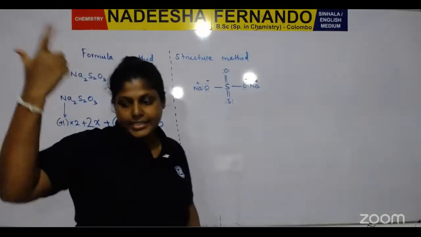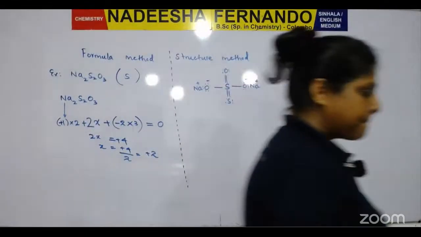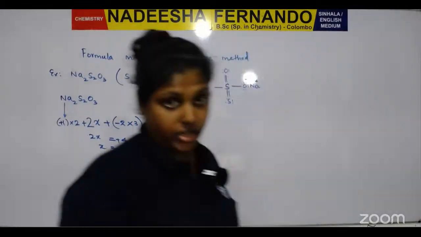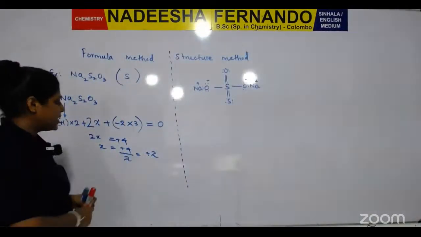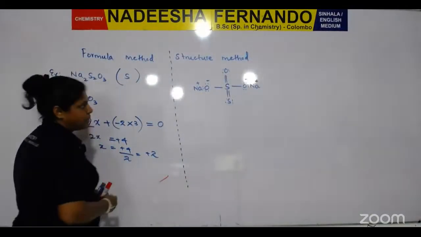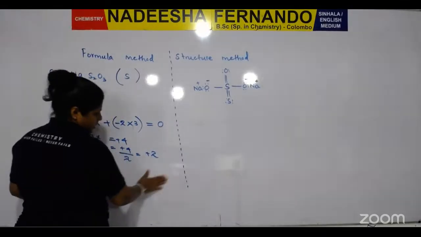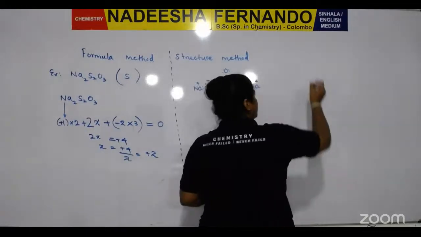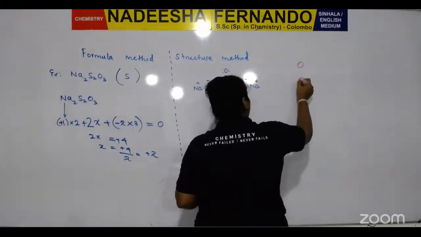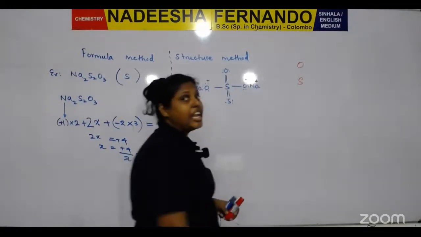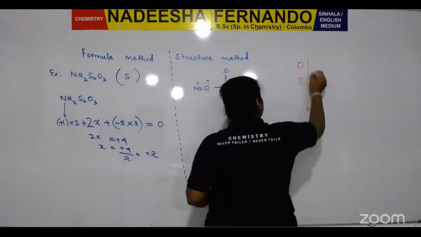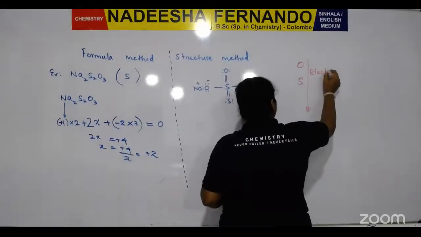So as I explained previously, for one bond, the highest electronegative element takes -1. Oxygen and sulfur. Oxygen and sulfur both belong to group 16.